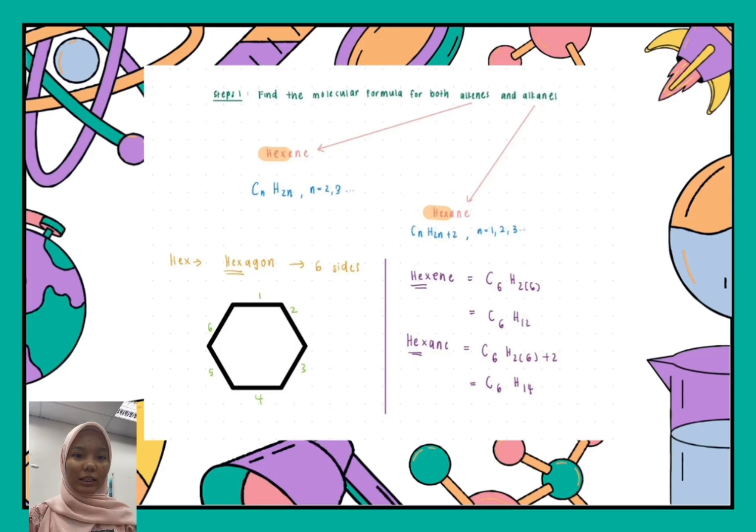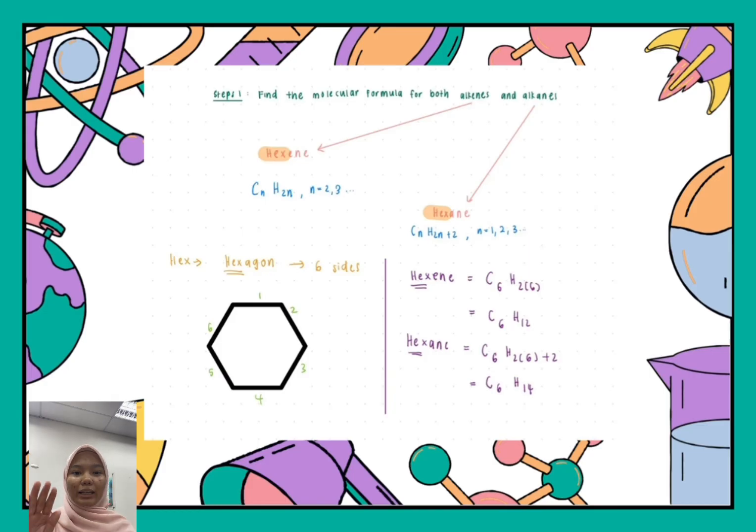As we can see from the previous slide, it doesn't state the molecular formula, but we can find the molecular formula for hexane and hexene. We can apply the mathematical knowledge that we learned in basic geometry during school. Hex shows the name of a polygon, which is hexagon.